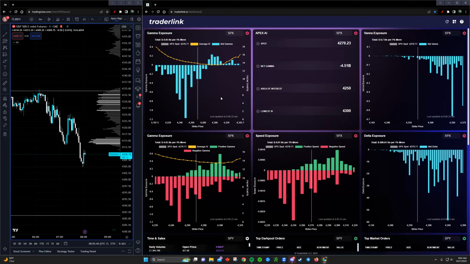Anything above that, the contracts are much more expensive than I would like them to be. So I typically won't trade if the contracts are this expensive, unless I'm going in for a scalp.